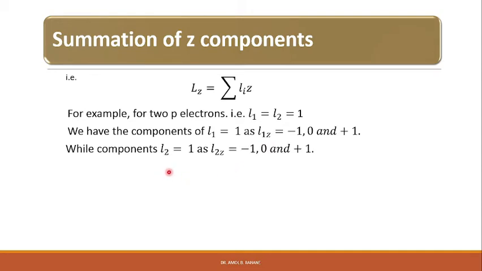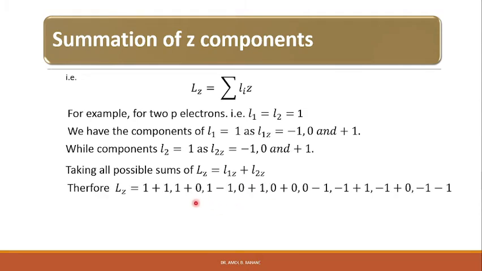While components of L2 is equal to 1 as L2Z is equal to -1, 0 and +1, right? So taking all the possible sums of Lz, we get L1Z plus L2Z, and therefore we can write capital Lz, we take all the possible sums of these 6 values, and therefore we get 1 plus 1, 1 plus 0, 1 minus 1, 0 plus 1, 0 plus 0, 0 minus 1, minus 1 plus 1, minus 1 plus 0, and minus 1 minus 1.